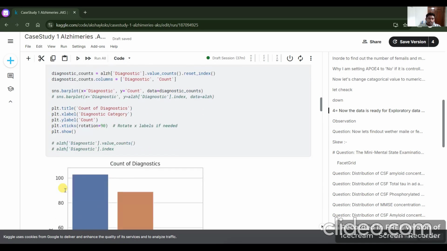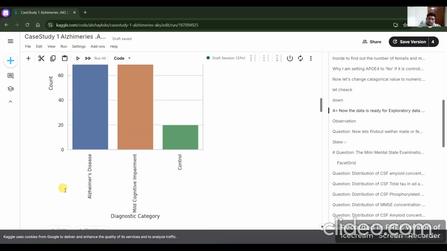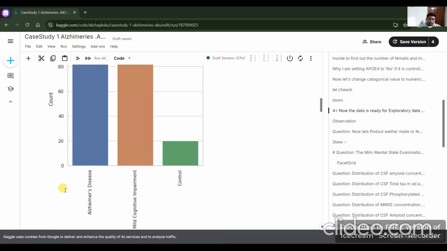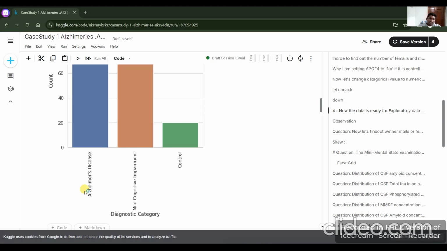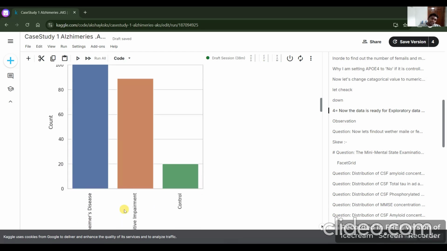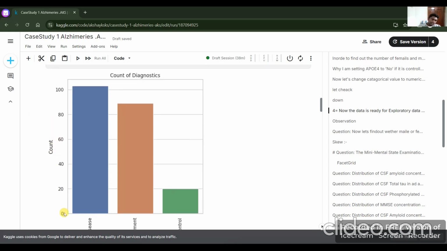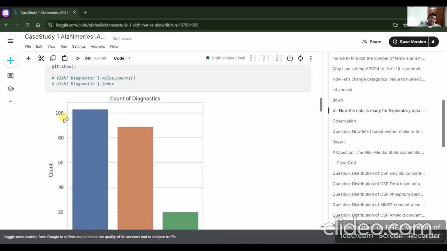Plot: we get the bar plot. Here x is Alzheimer's disease, MCI, control, the diagnosis category. And the y-axis runs from 0 to 40, 60, 80 count.